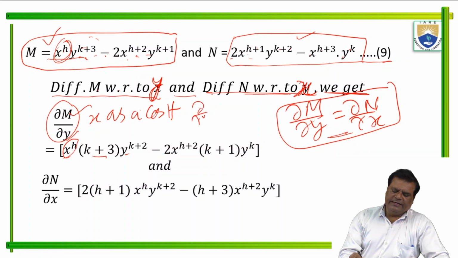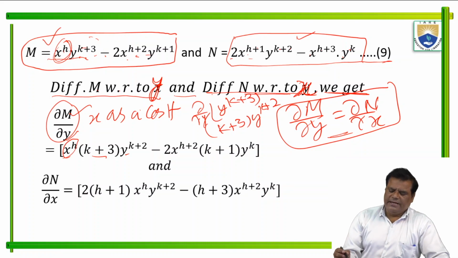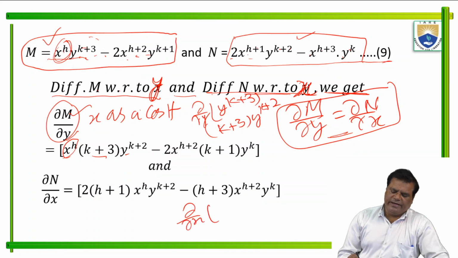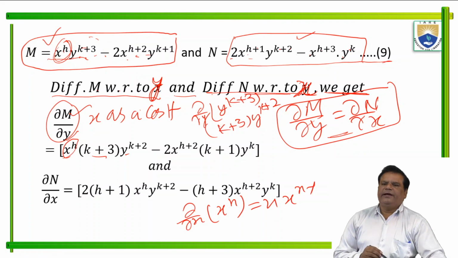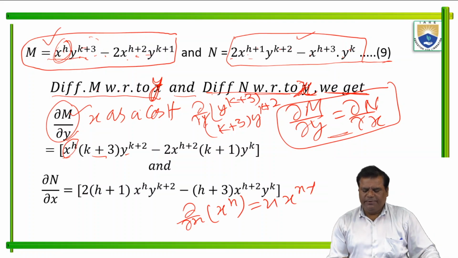For x, we apply the derivative formula del over del x of x to the power n, which is n x to the power n minus 1.